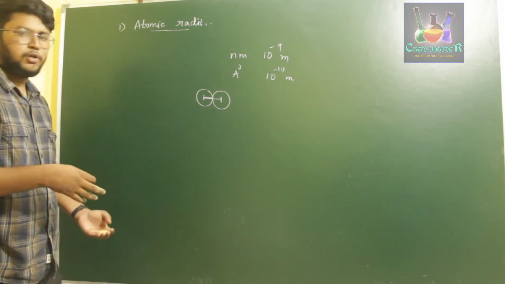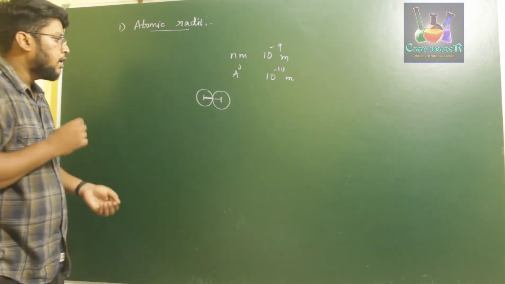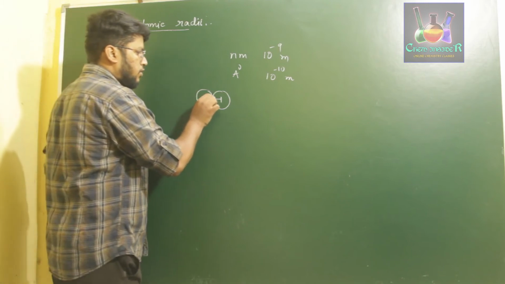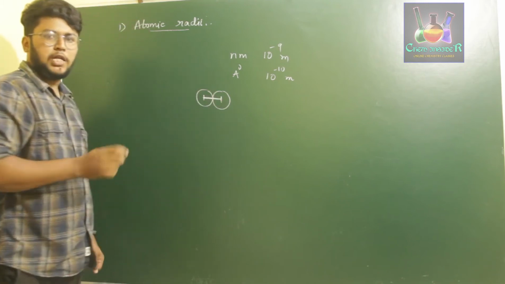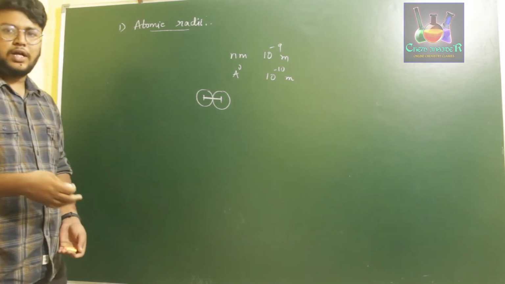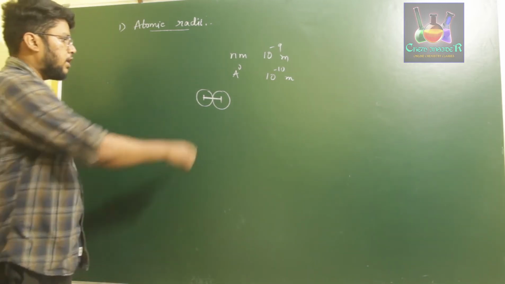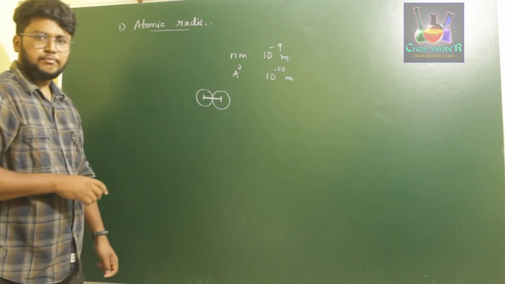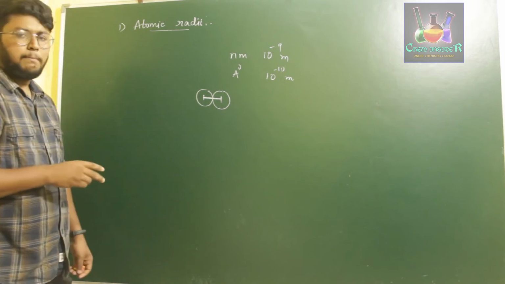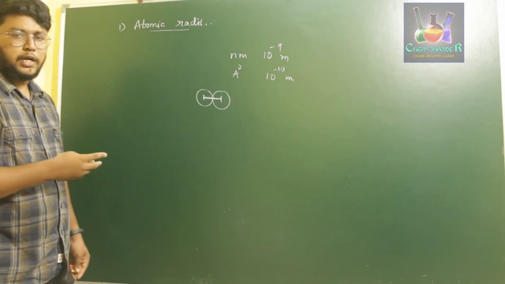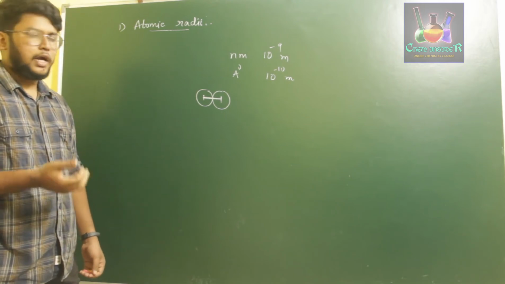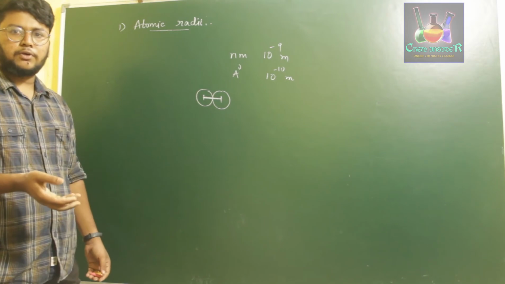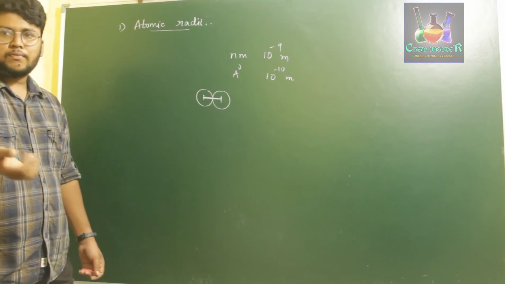Okay, we know its force of attraction, which is the same, and therefore the internuclear distance between the 2 atoms of the same element is nothing but the diameter of that particular atom. So once you divide by 2, we get the particular atomic radii.